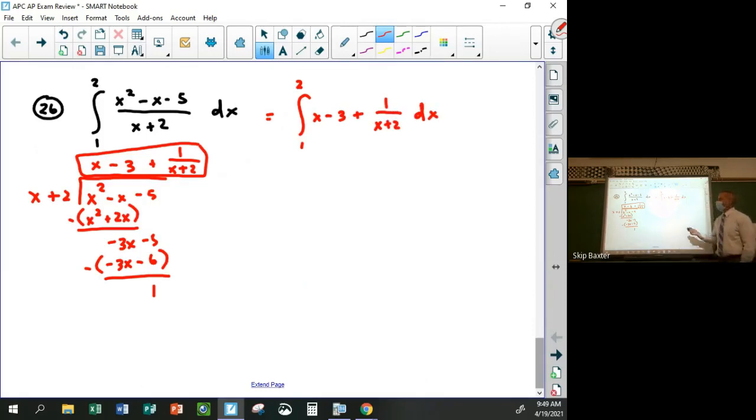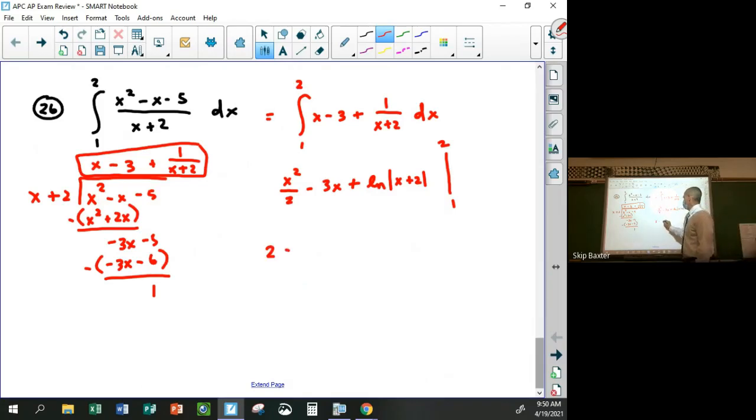Now we can easily integrate. This is just x squared over 2 minus 3x plus ln, absolute value of x plus 2, from 1 to 2. So if you plug in 2, you get 4 halves minus 6 plus ln 4. And if you plug in 1, you get 1 half minus 3 plus ln 3.